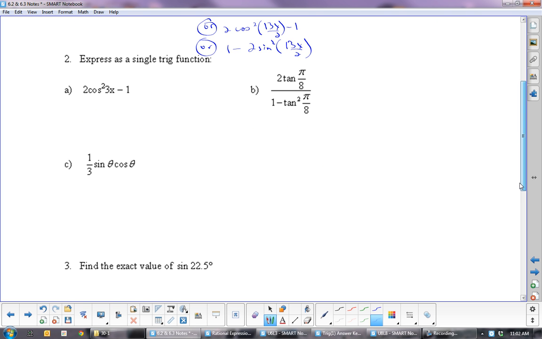Okay, so these are going back the other way. If you look on your formula sheet, which one does this kind of look like? cos 2x. Okay, so what are we calling x? So cos 2 times 3x, which equals cos 6x.